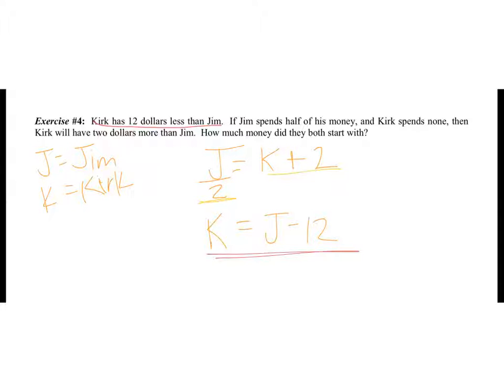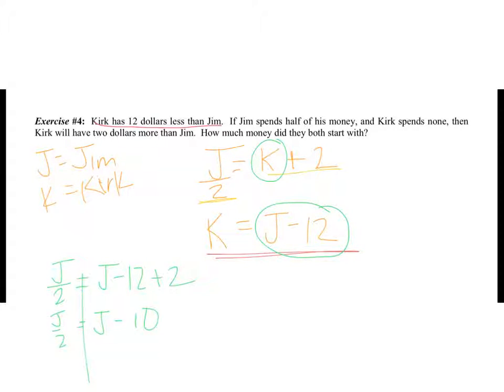So what we're going to do is plug J minus 12 in for the K right here. So it becomes J divided by 2 equals J minus 12 plus 2. And now we're going to solve for J. So J divided by 2 equals J minus 10.